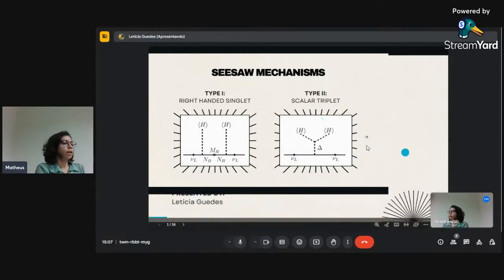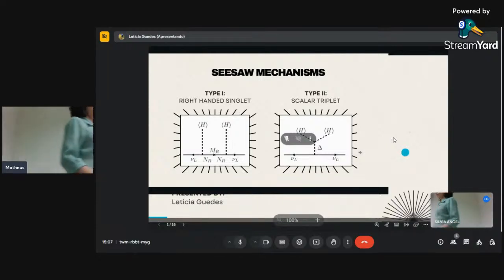In the type 2 Seesaw, you have a scalar triplet, so you don't introduce a singlet anymore, but a scalar triplet that will be added just like the Higgs. And here you have, let me put it on the board. This is because I didn't find an image.